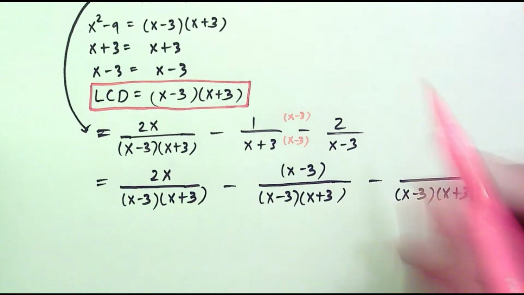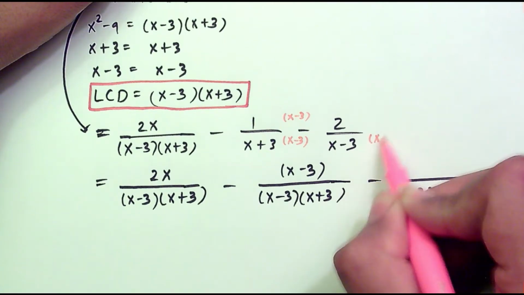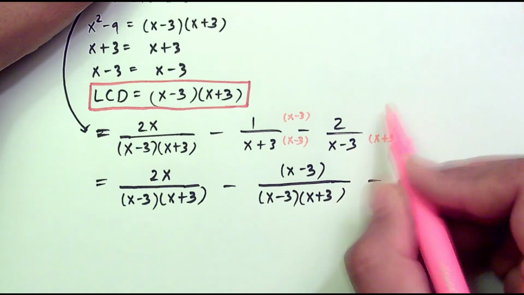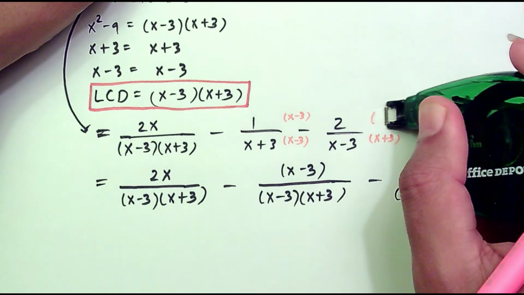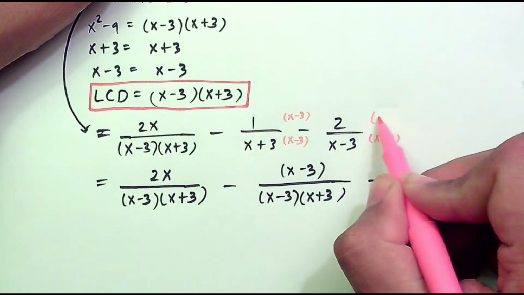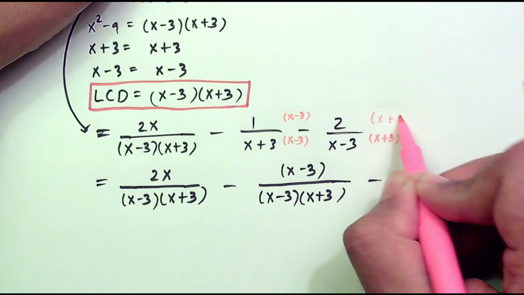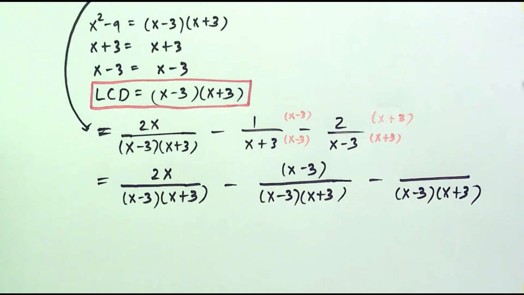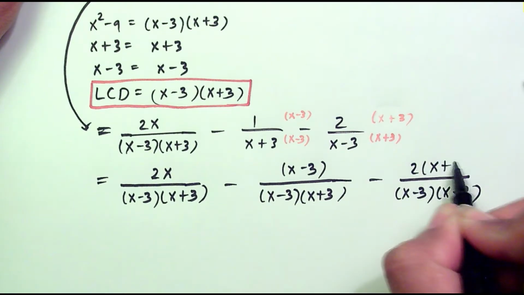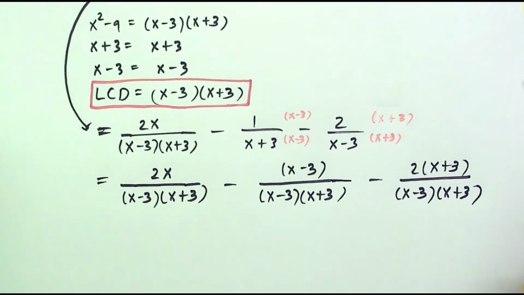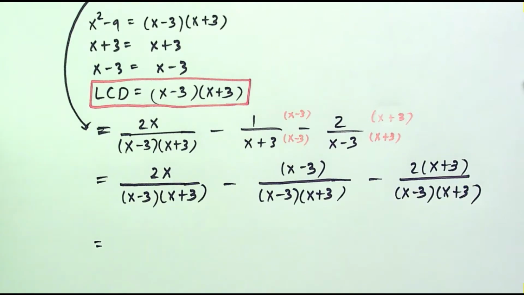And then in this one, what is missing is the x plus 3. So that means this one is going to become 2x times x plus 3.